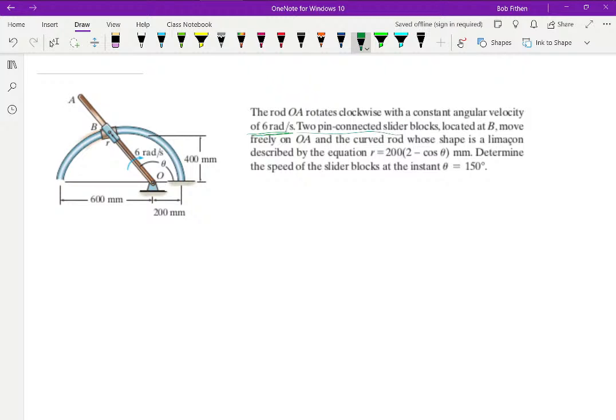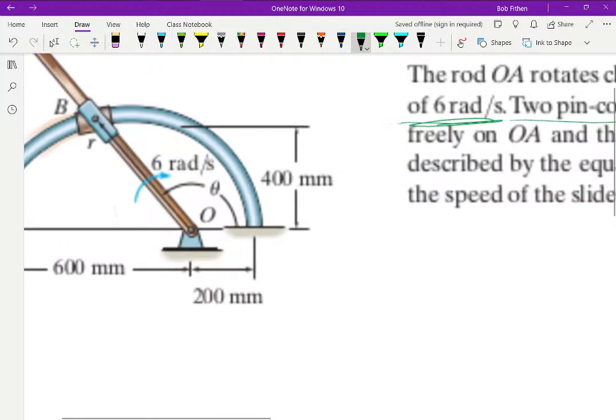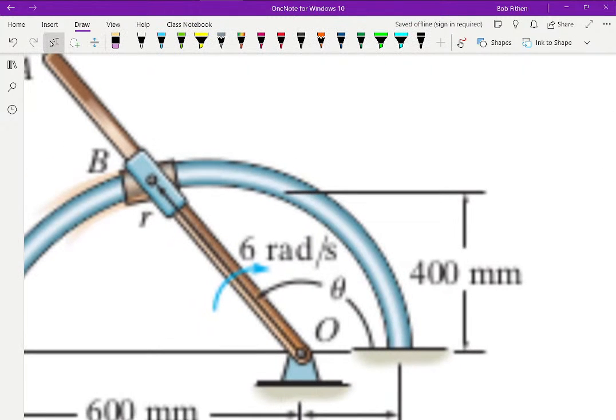The two-pin slider block located at B, and if you zoom in on this, it's a little bit of a pixelated image, but this contraption right here is allowed to slide up and down this brown rod, while simultaneously this brown collar here slides back and forth on the blue rod.